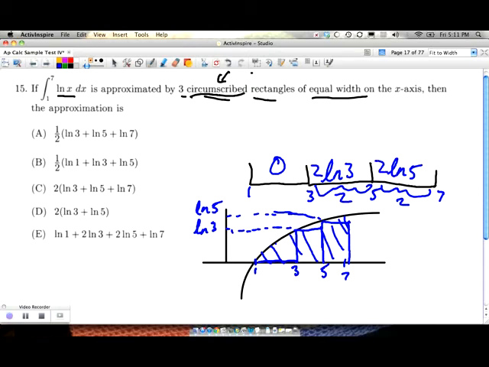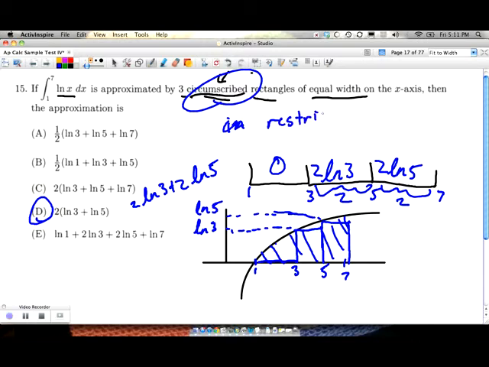So this is 2 natural log of 3, plus 2 natural log of 5. So D would be our answer, because the area is equal to 2 times natural log of 3 plus 2 times natural log of 5. The key word here, circumscribed, means, no, I shouldn't say in, I should say it's more like restricted within.